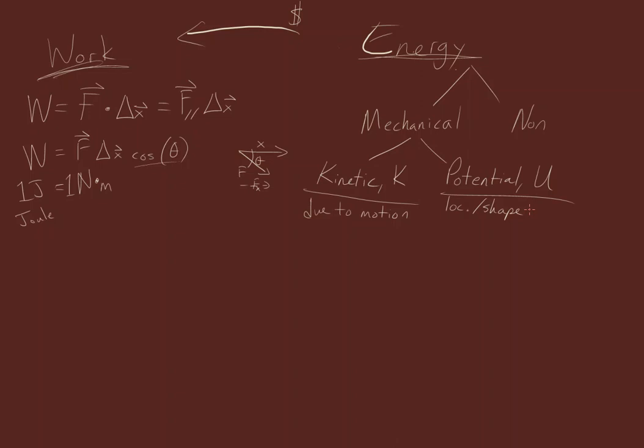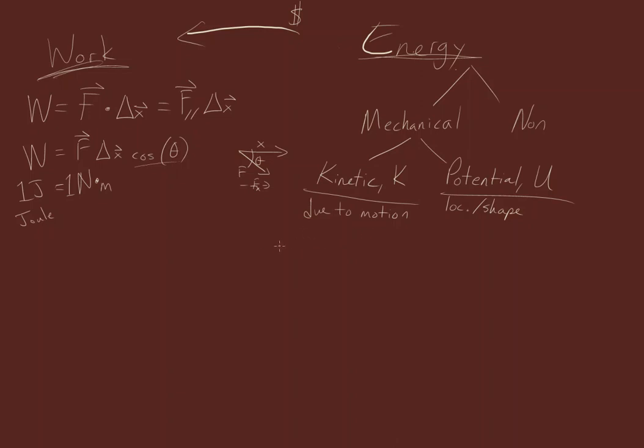For that reason, potential energy always requires two objects in your system. Either one to do the storing, or the other one to maybe generate a field, and we can talk about the energy being stored in that field instead, like a gravitational field or electrical field. But I want to focus today on kinetic energy.